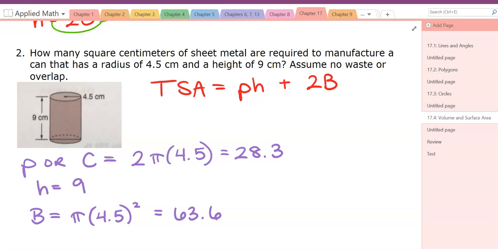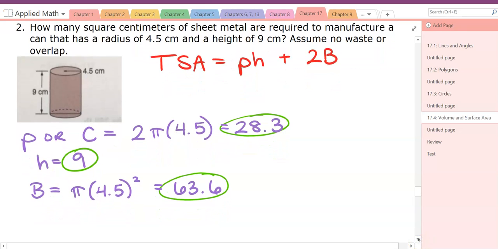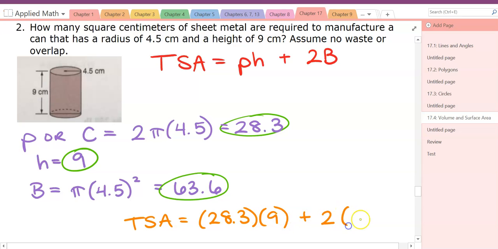So I'm going to take 28.3, that goes in for P, 9, that goes in for H, and then 63.6, that goes in for that capital B. So 28.3 times the height, 9, plus 2 times 63.6. That's the sentence that I'm looking at here. So I'm going to go ahead and type this in.